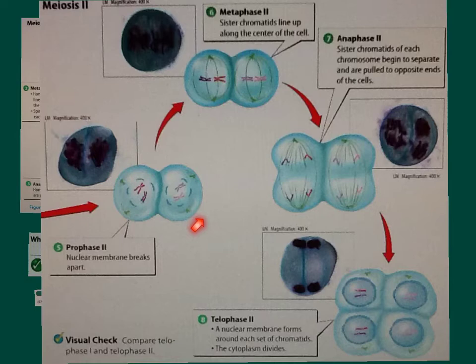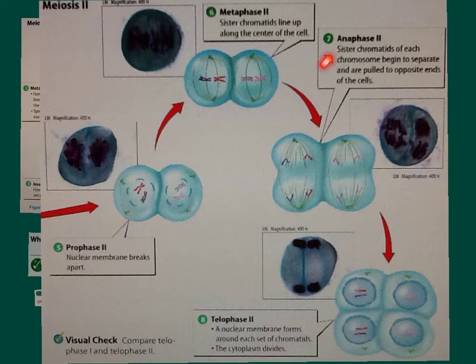Number 5. Prophase 2. Chromosomes are not copied again before prophase 2. They remain as condensed, thickened sister chromatids. The nuclear membrane breaks apart, and the nucleolus disappears in each cell. Number 6. Metaphase 2. The pairs of sister chromatids line up along the middle of the cell in single file. Number 7. Anaphase 2.